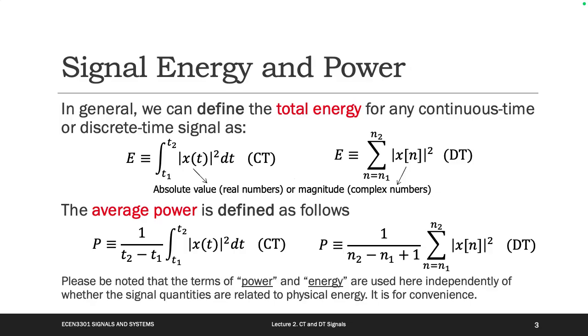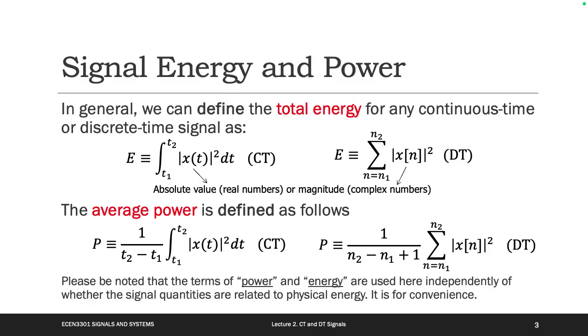You can see we can define a total energy for any continuous time or discrete time signal using this equation, which means from T1 to T2, we just add x(t) together. Add the values together. Does that make sense to you? This we call total energy, and this is for the discrete signal.